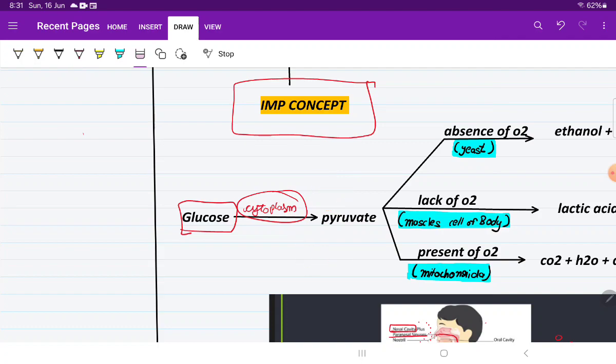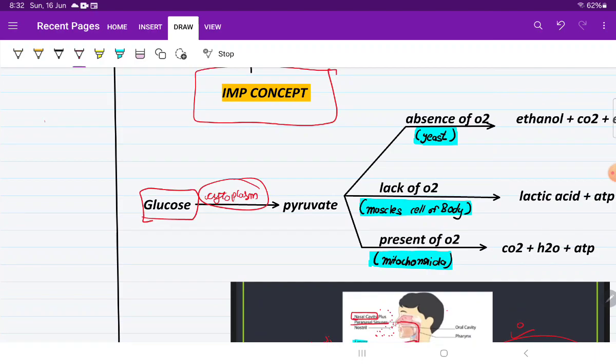First of all, there is a 6 molecules of carbon. It converts into 3 pyruvate and 3 pyruvate. That means the molecule of carbon is divided into 3 carbon and 3 carbon. That is known as pyruvate. Okay, so there is a cytoplasm in which the glucose is broken.